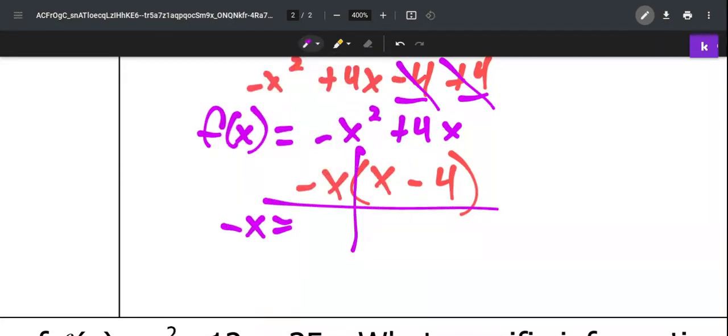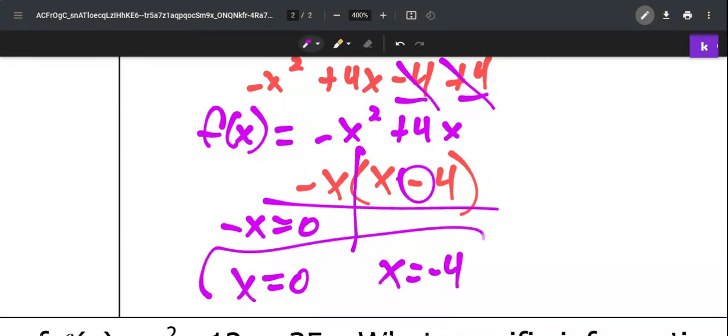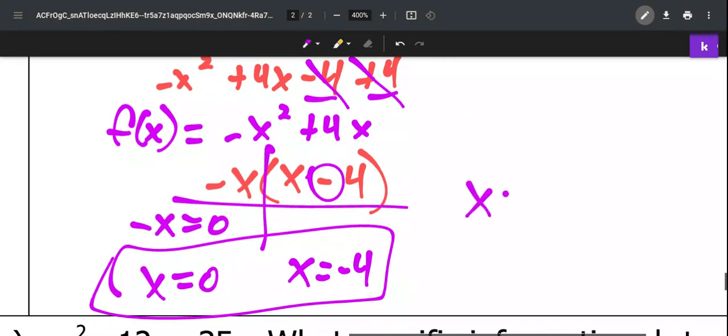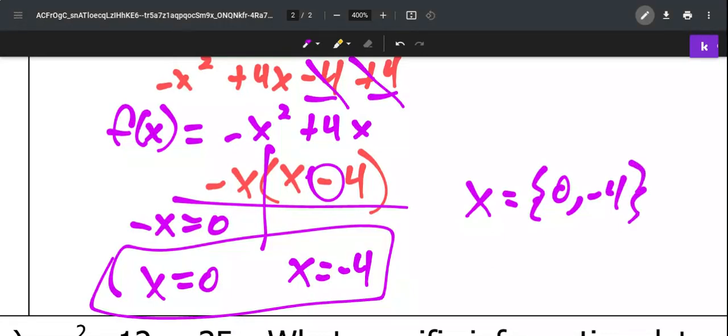Negative x equals 0. That means x just equals 0. X minus 4, since there's no number in front of that x, once again, you don't even have to write that out. You can just flip this sign, and x equals 4. So these are the answers, which if we were writing it out technically correct, it would be 0, 4.